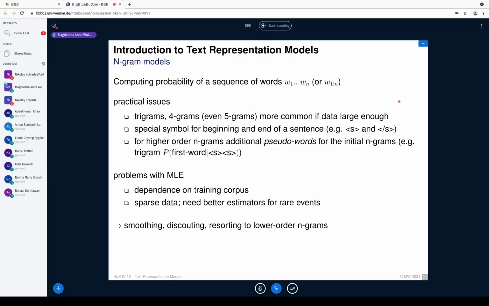For the exercise, there are some practical issues that have to be taken into account when building n-gram language models. First of all, most n-gram language models are built based on n-grams of orders known to work well for most languages, and these are trigrams, 4-grams, or even 5-grams.